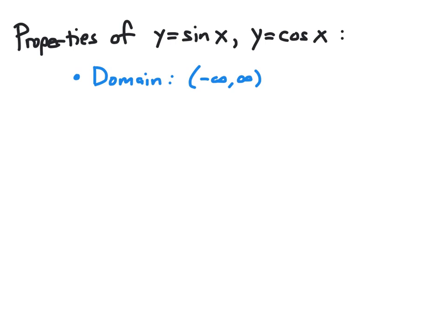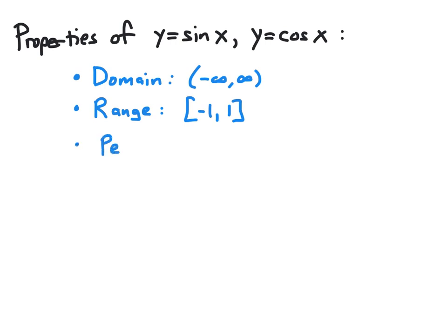We can have any angle, positive, negative, or 0, and we can compute their sine and cosine. The range, however, is between -1 and 1. That we can see from the graph, but we could also see that from the unit circle by realizing the x and y coordinates are all the numbers between -1 and 1.